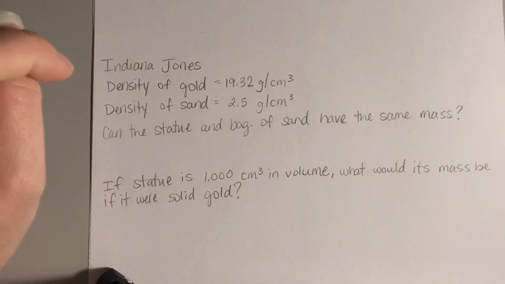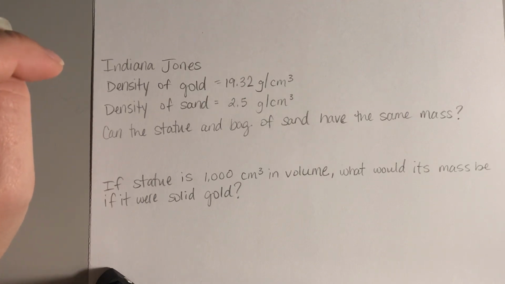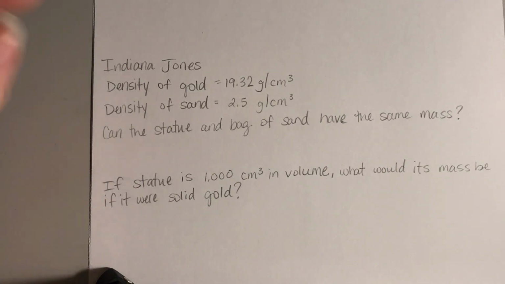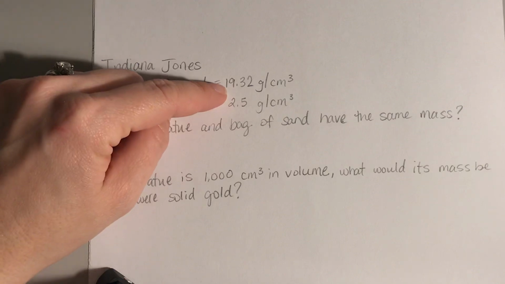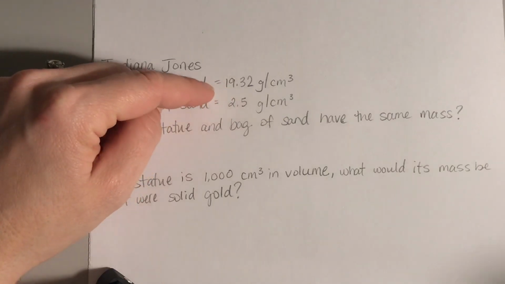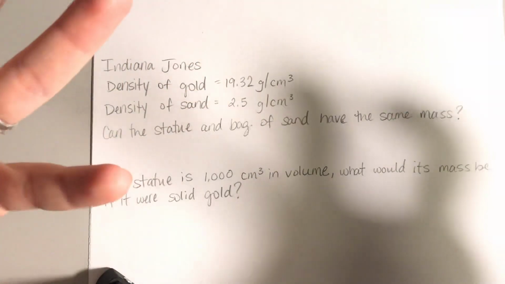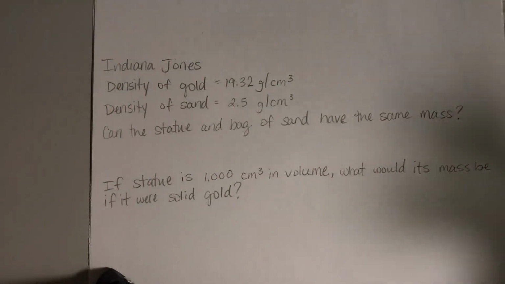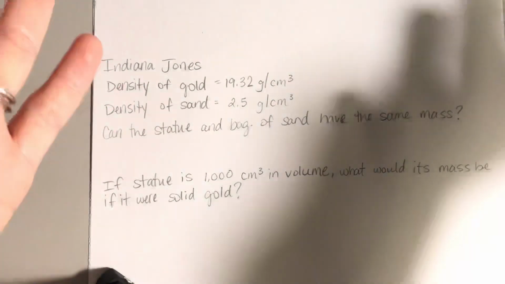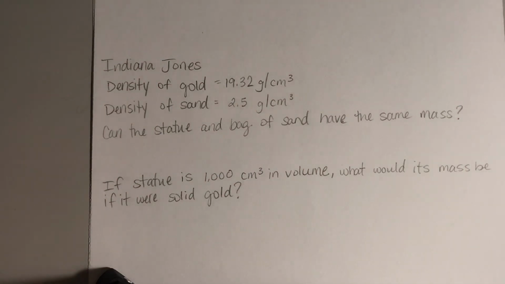So the first question is, assuming the statue is solid gold, can the bag of sand and the gold statue have the same mass? That means, would they weigh the same? Because gold is significantly more dense, and because the volume of that idol and the volume of the bag of sand looked to be about the same, do you think they would have the same mass? No, it doesn't make sense.